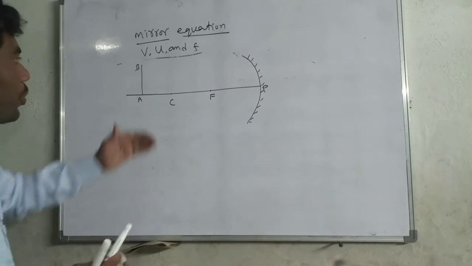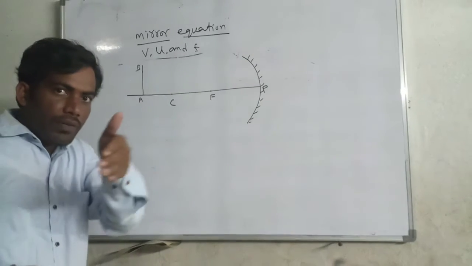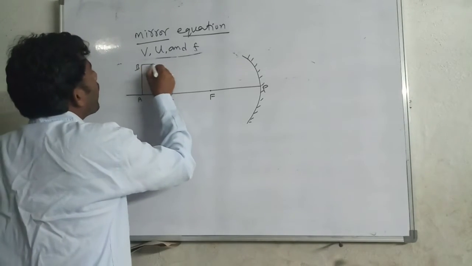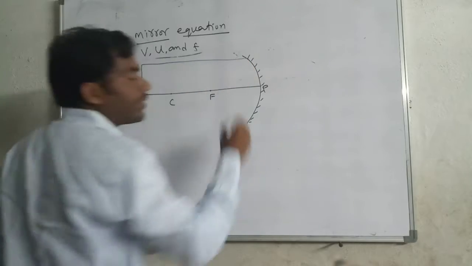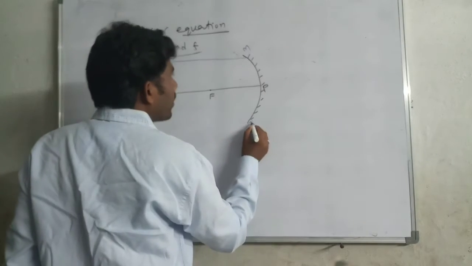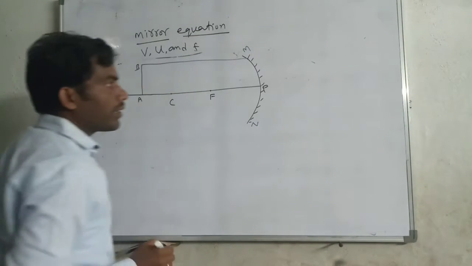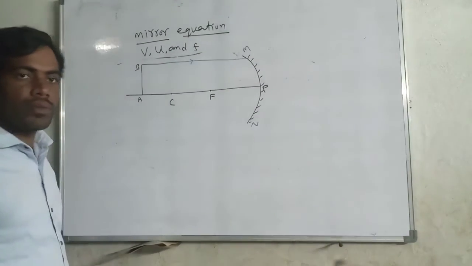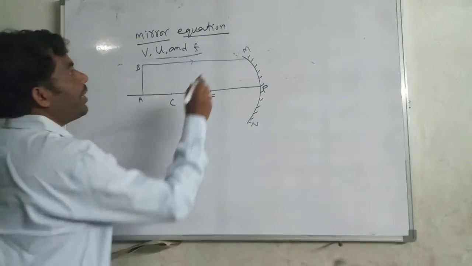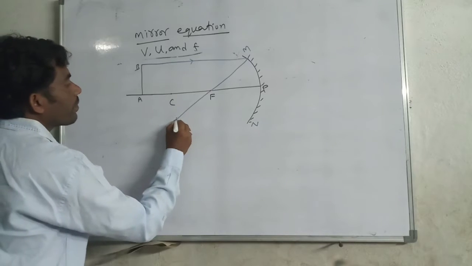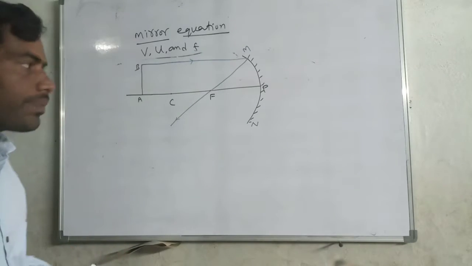Using the reflection laws, one light ray is emitted and incident on the mirror MPN. The ray incident at M must travel through F. This is one of the rays.